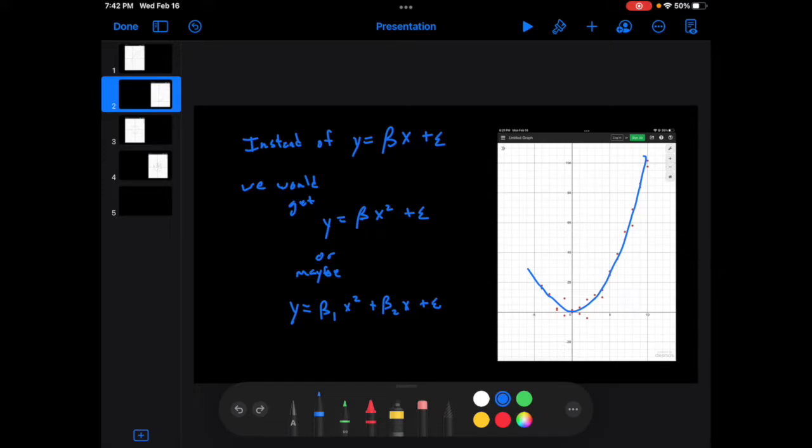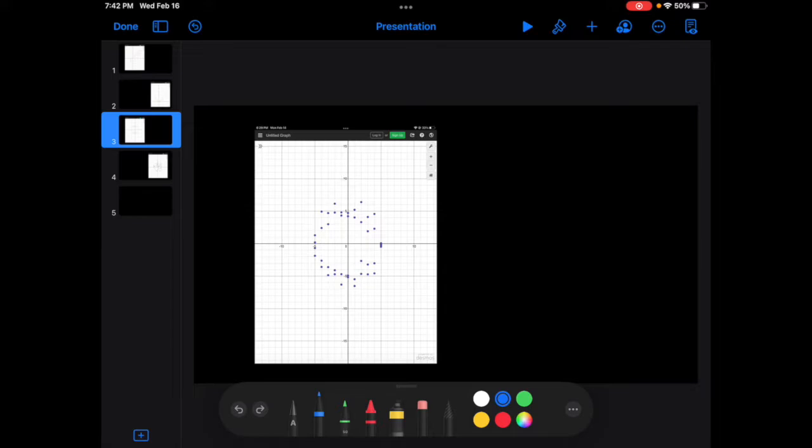Now, what if your data looks like this? Well, this is really a circle, isn't it?